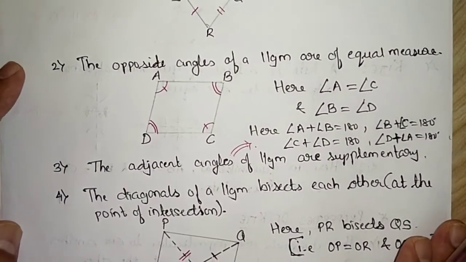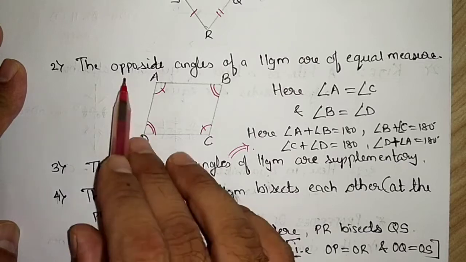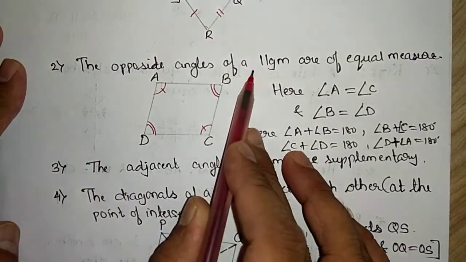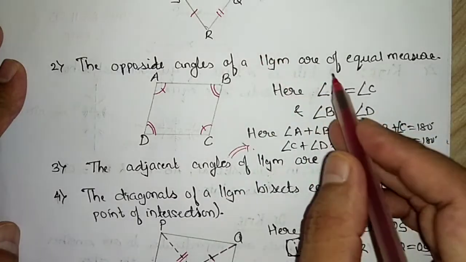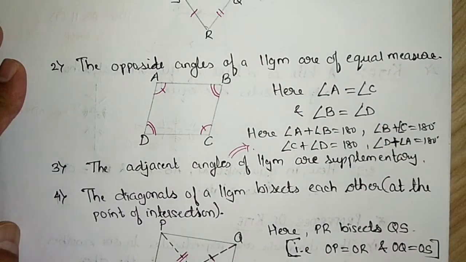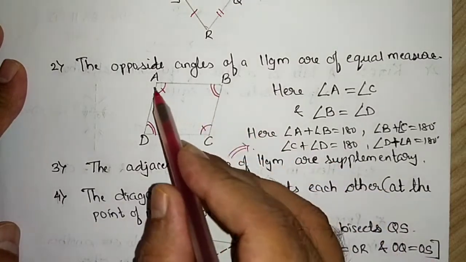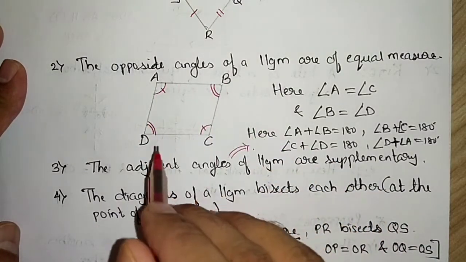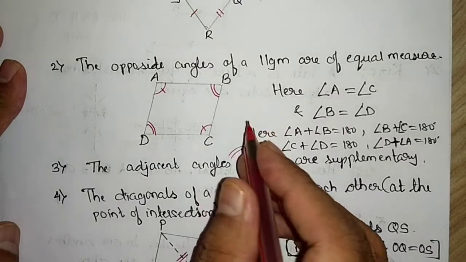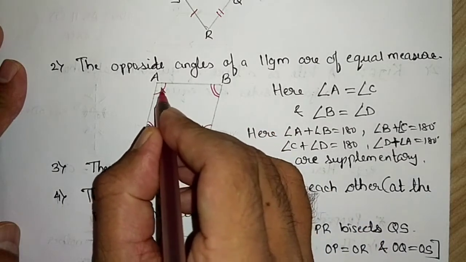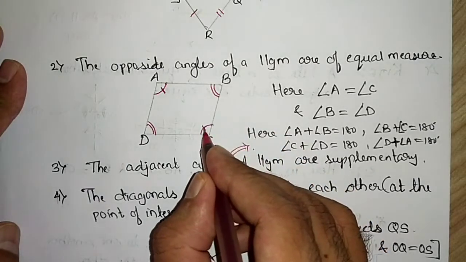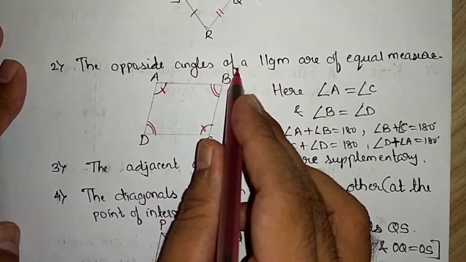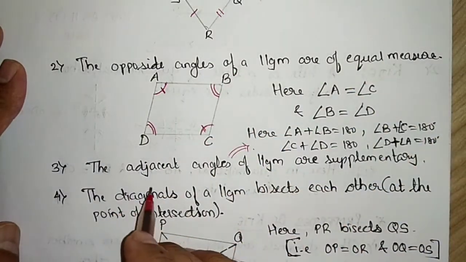Moving to the second property. Opposite angles of a parallelogram are of equal measure. If they say that ABCD is a parallelogram, then you can say that angle A is equal to angle C. Opposite angles of a parallelogram are equal.